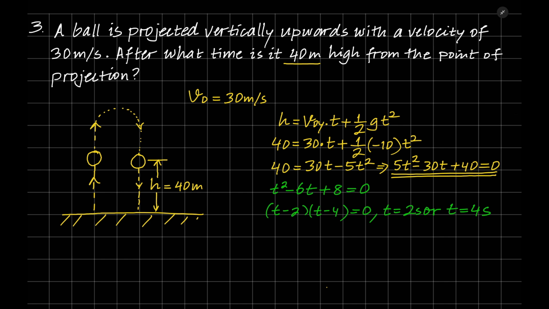And therefore at 2 seconds, the ball passes 40 meters high, and at 4 seconds it passes the same height on the way down.